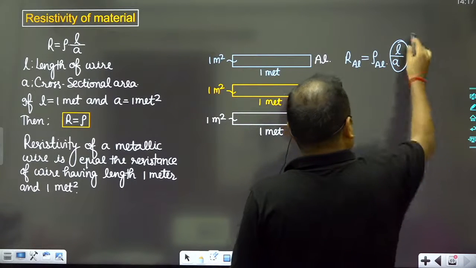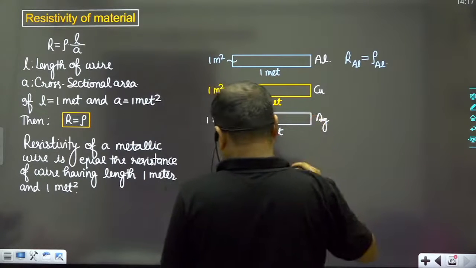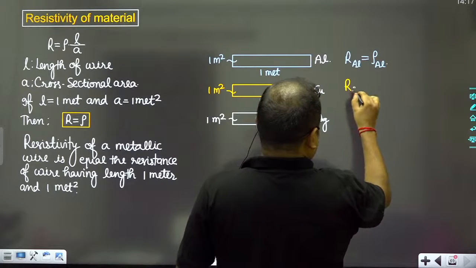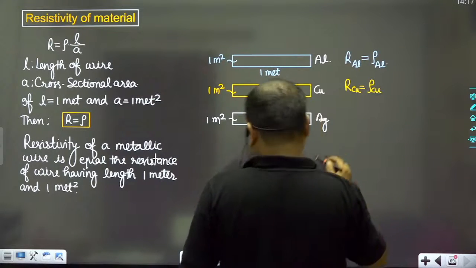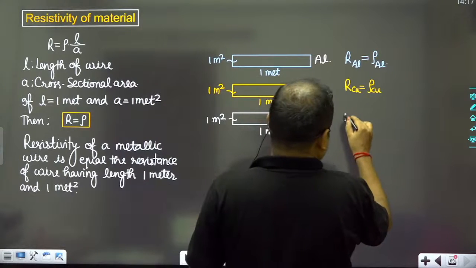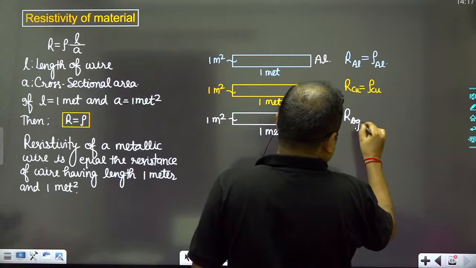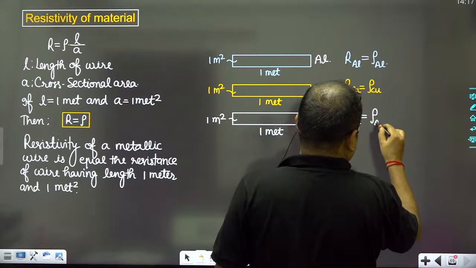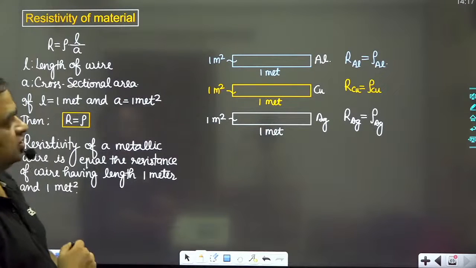Similarly for copper, R Cu is equal to rho Cu, and for Ag, R Ag is equal to rho Ag.